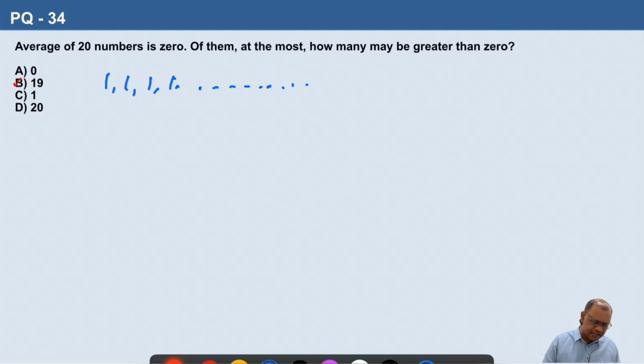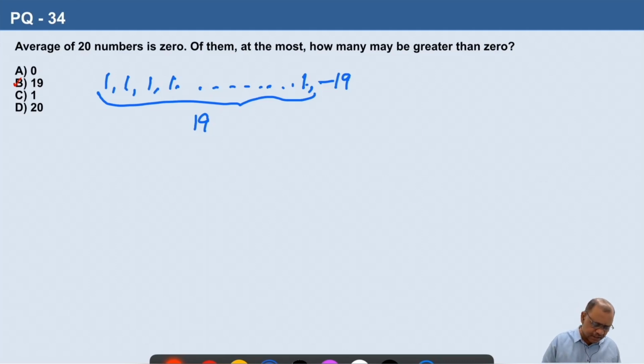So if we take 19 such numbers and the 20th number as minus 19, the sum will become 0. So we can take a maximum of 19 positive numbers, and their average will become 0.